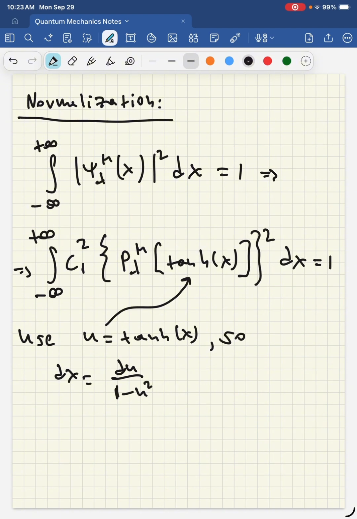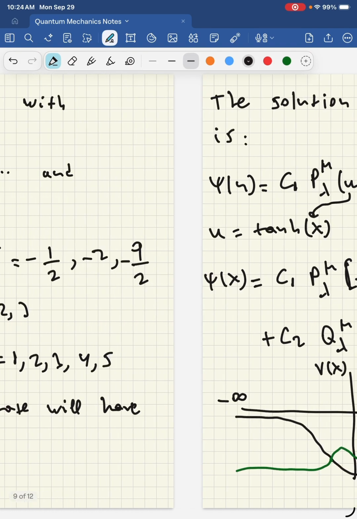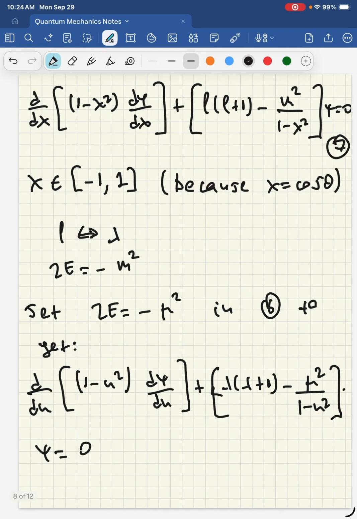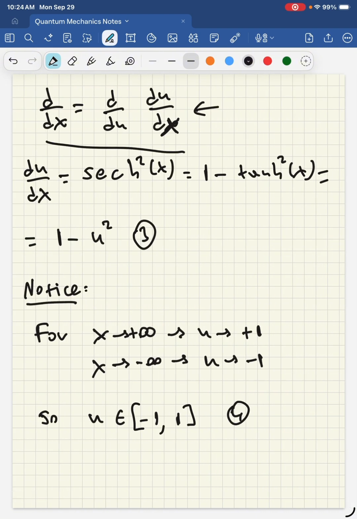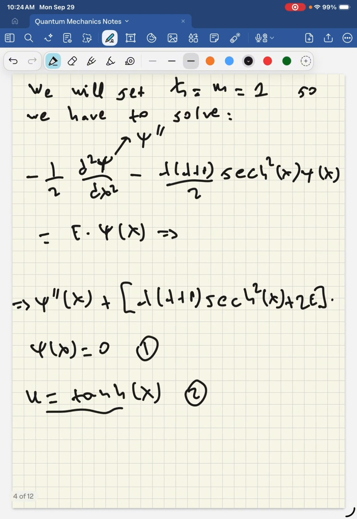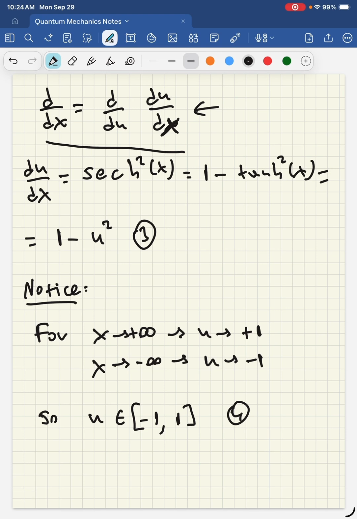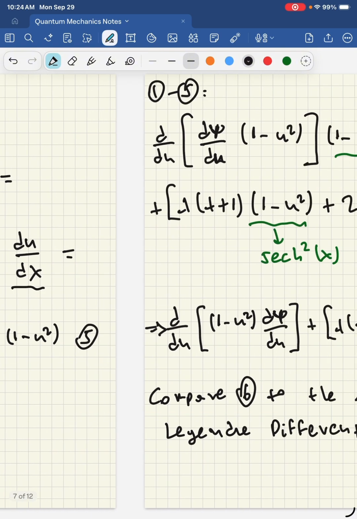We are taking advantage of things we used earlier. It's one of my negative traits as a teacher, I guess, because I write too many notes. So there it is. du over dx is 1 minus u squared, therefore dx is du over 1 minus u squared. And u goes from minus 1 to 1.